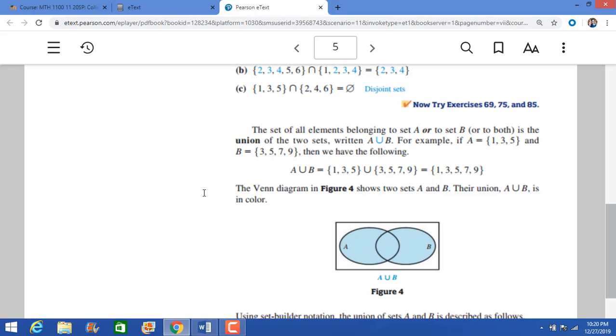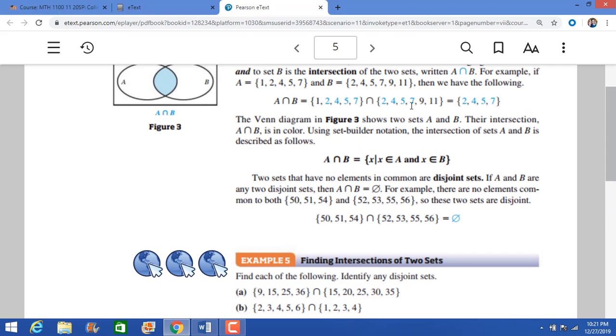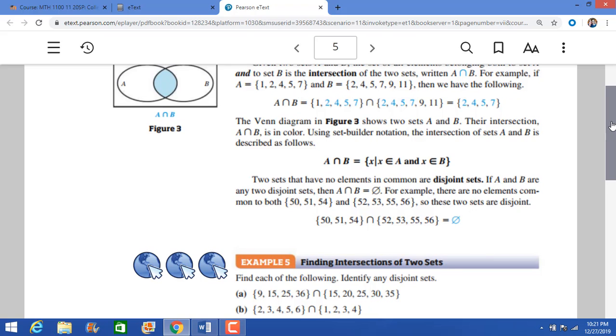Okay, now, if we look at another relationship between two sets, we call this the union. By the way, notice if we go back to the intersection, the key word that we have here is "and." We want to know what's in A and B, in both. Or excuse me, that's "or."